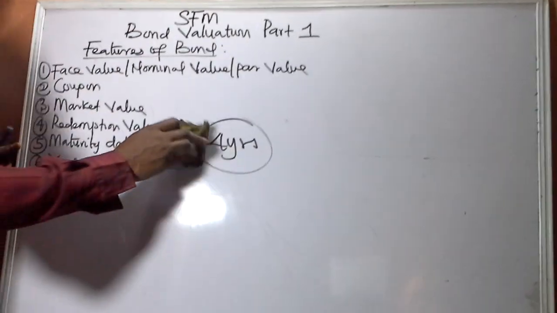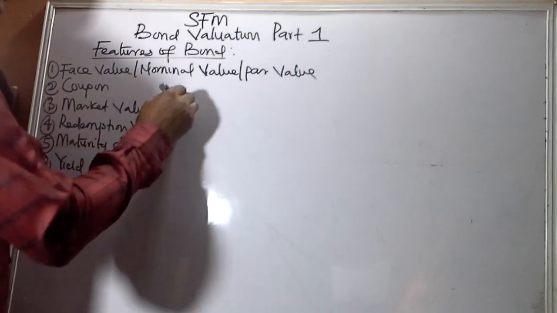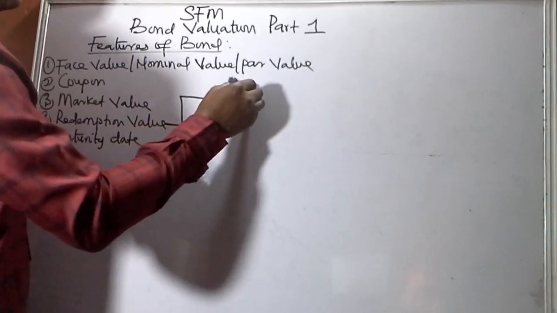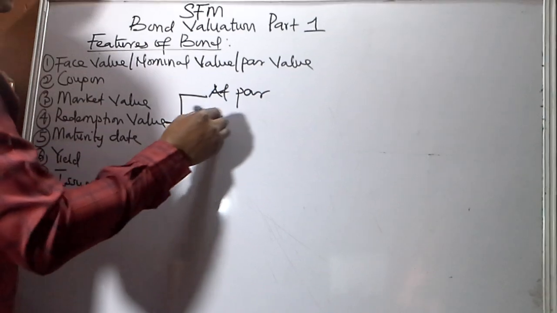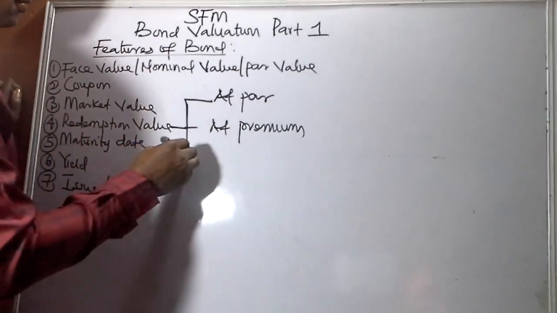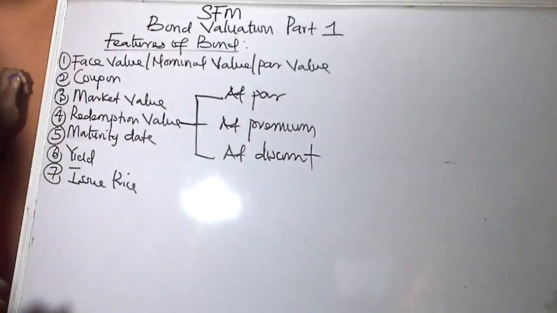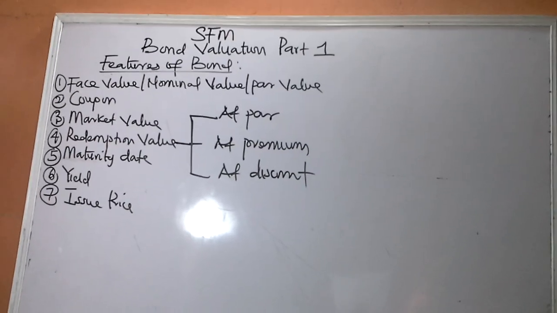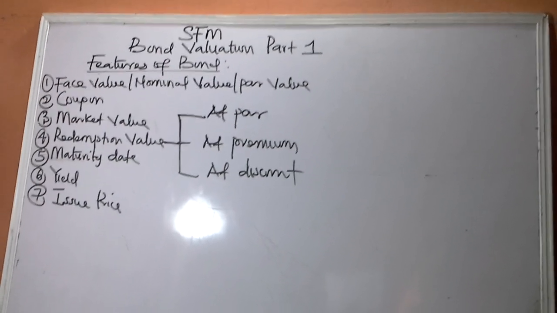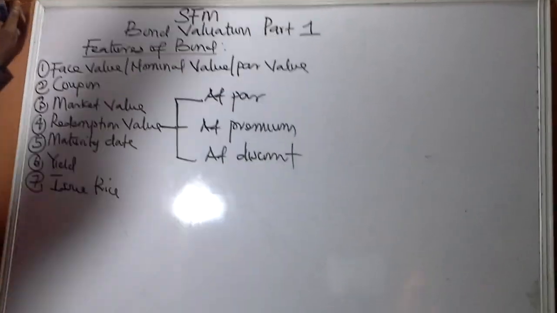And a bond can be redeemed in 3 ways. It could be at par, or at premium, or at discount. Now, in the question, you have to read very well.